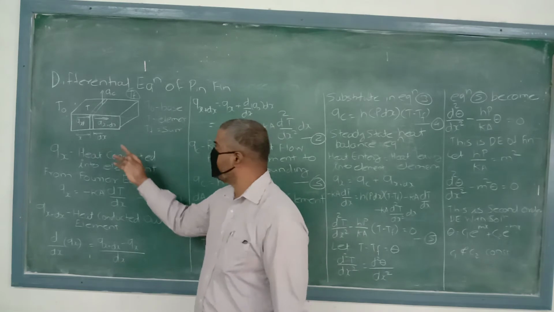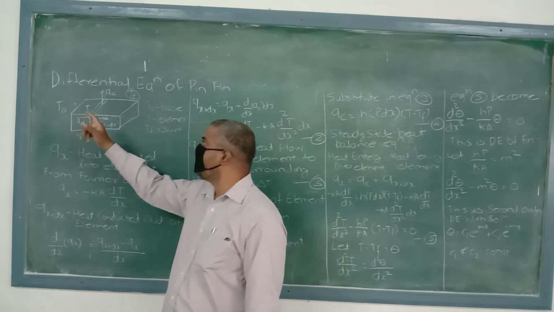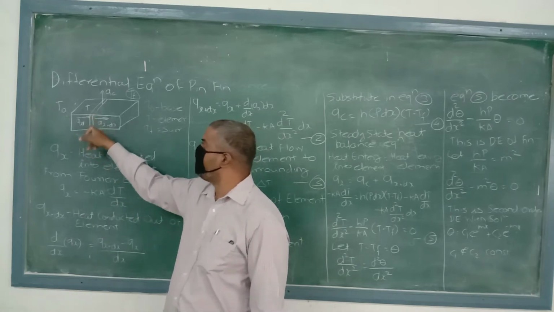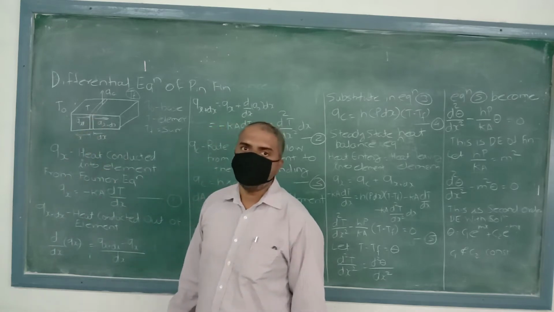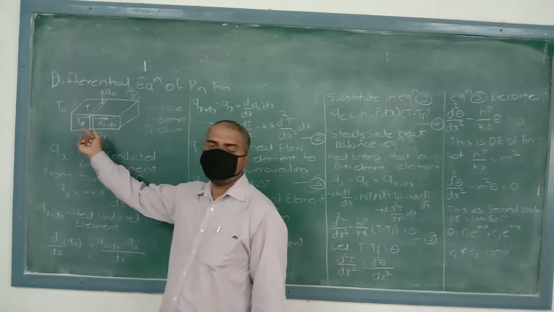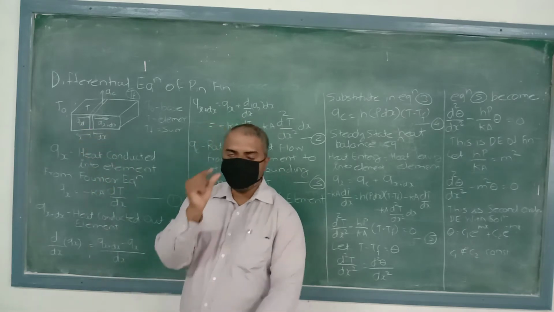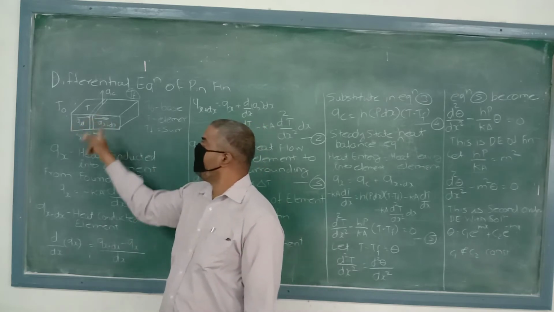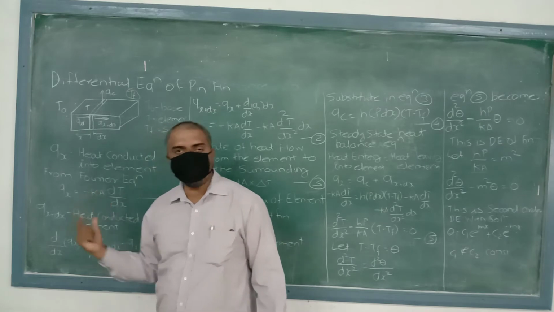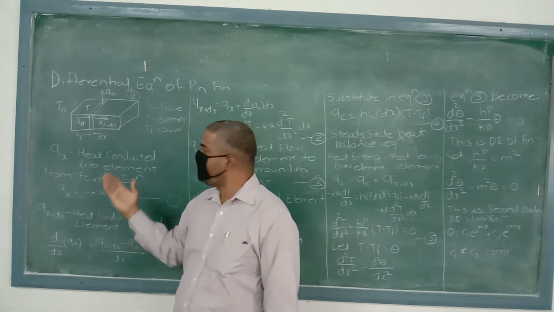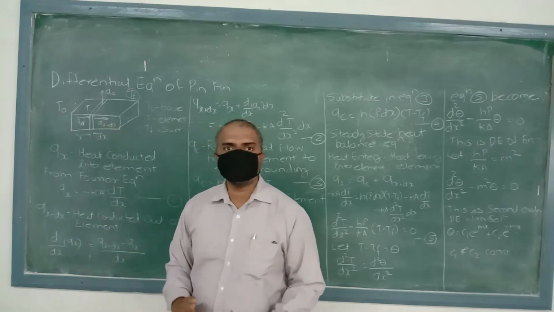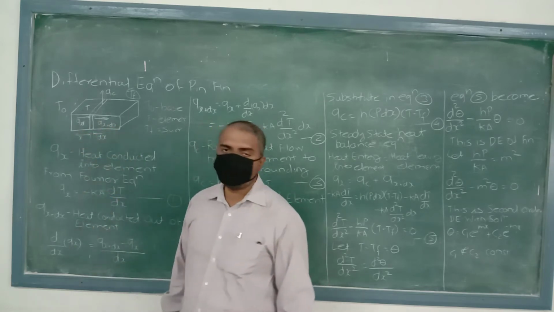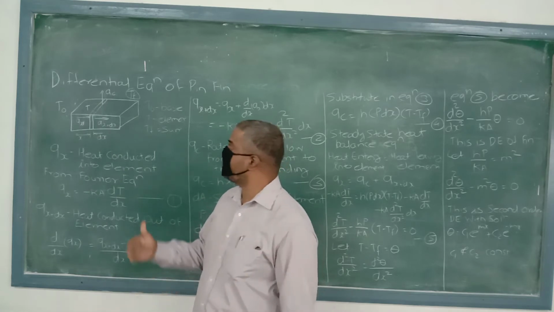Before that, in this diagram I have shown Qx, the small amount of heat that will be supplied to this elemental area, whose width is dx. So dx is the width of that small elemental area, and the heat passes through it and is converted into Qx plus dx. So heat Qx is converted into Qx plus dx.